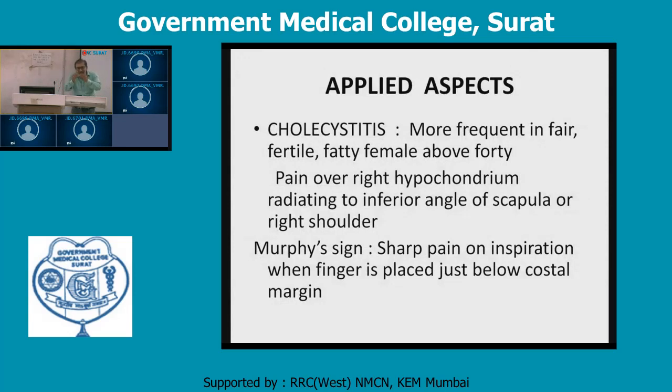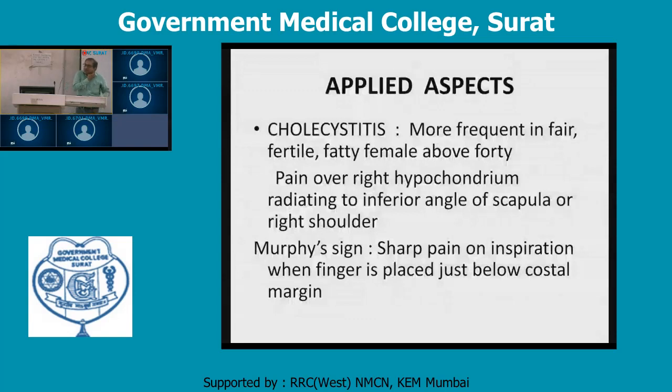These converge to form the two hepatic ducts, right and left, so the bile produced by the liver finds its exit by these two ducts. Then we discussed the extrahepatic part, having the common hepatic duct, gallbladder, cystic duct and common bile duct. So all the portions we have discussed.